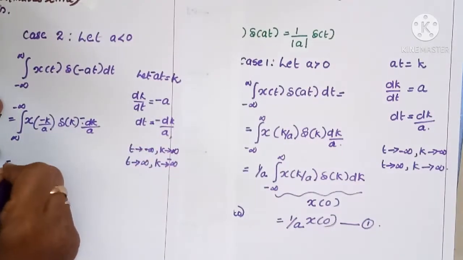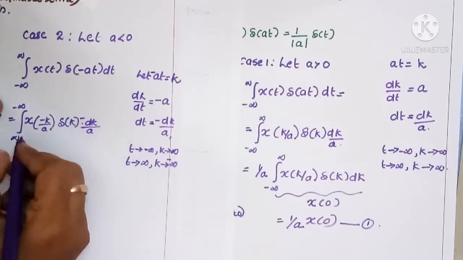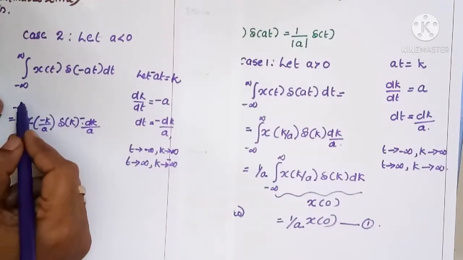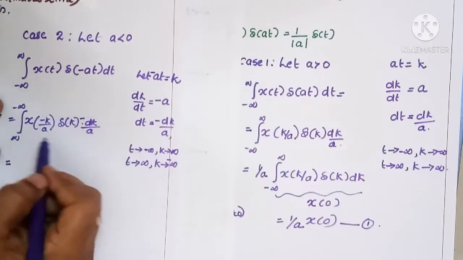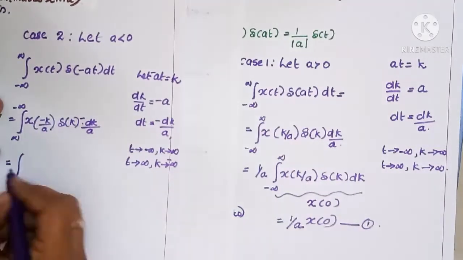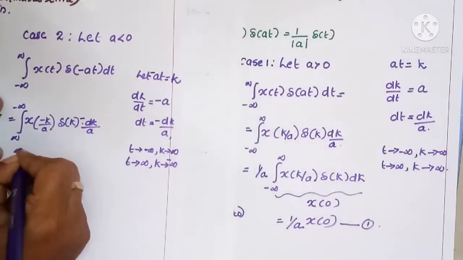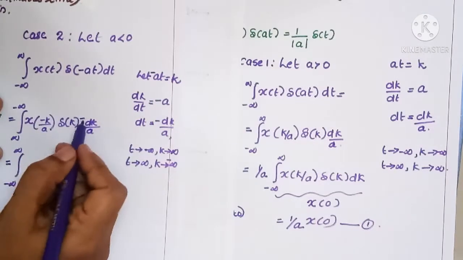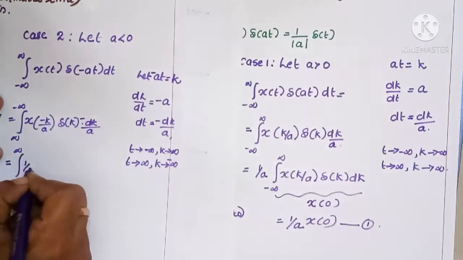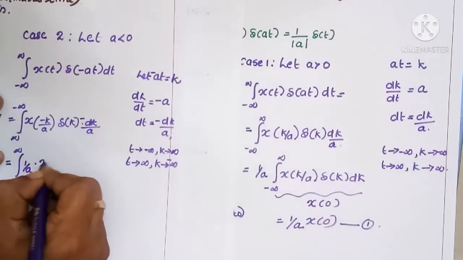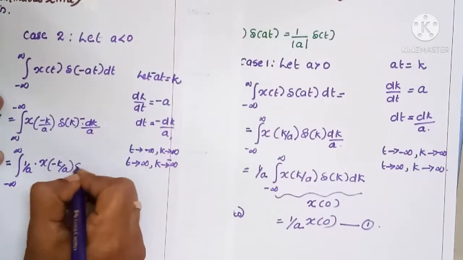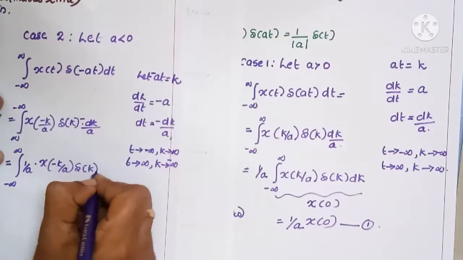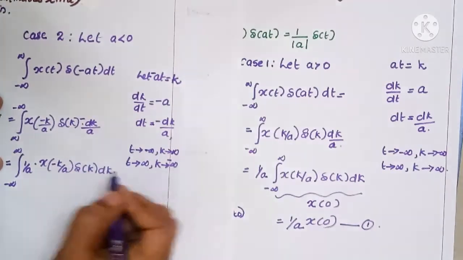Also, here we can change the integral limits. If you multiply by a minus sign, we can swap the limits, that means minus infinity to infinity. Here minus into minus gives plus, so you will get 1 by a into x of minus k by a del of k dk.